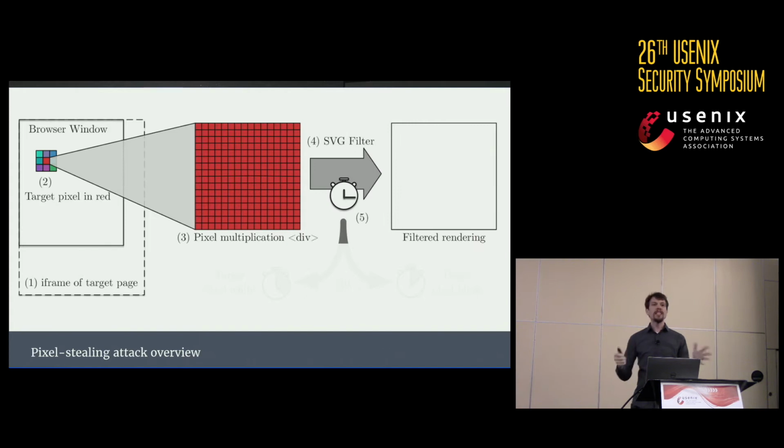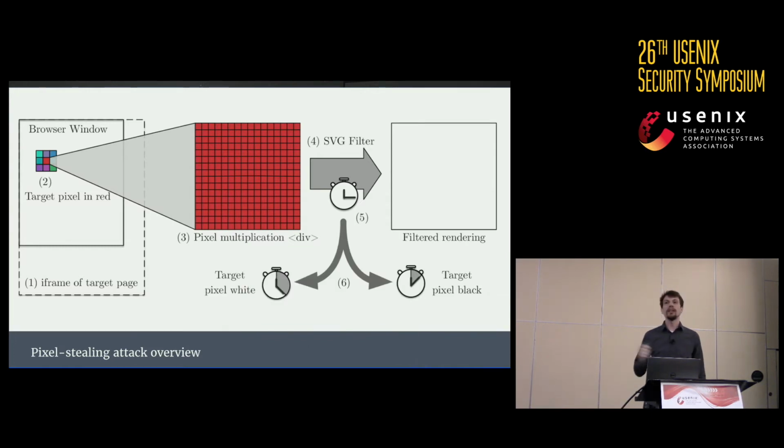We then run an SVG filter over the multiplied pixel. Now, SVG filters are a feature that your browser supports. They let you do everything from clipping and skewing arbitrary DOM elements to applying complex lighting models with shading to arbitrary DOM elements. Turns out we don't actually care at all about what the rendering of this SVG filter looks like. What we care about is how long this SVG filter takes to render.